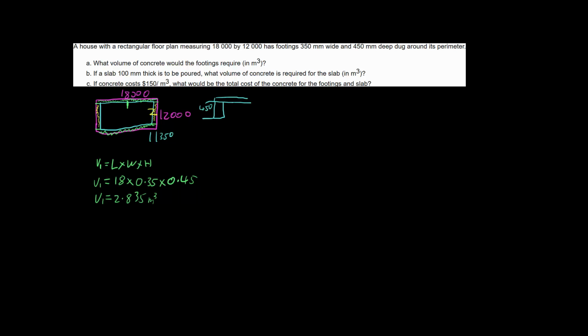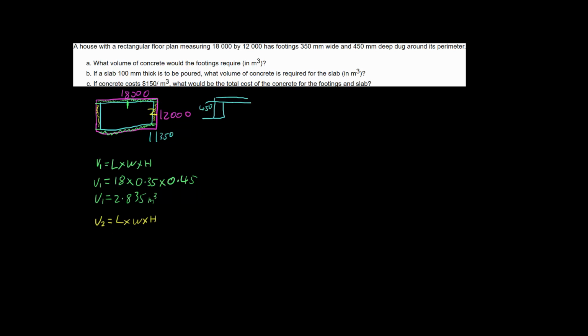So then if we have a look at our second part, we have again length times width times height, but now my length is my 12,000 millimeters, but not all of it, because we've got this part of the footing and this part of the footing that we need to get rid of, because we only want this bit in here. So we need to get actually our length first.